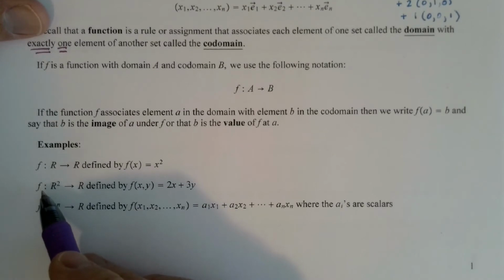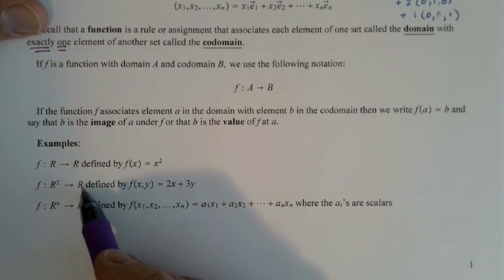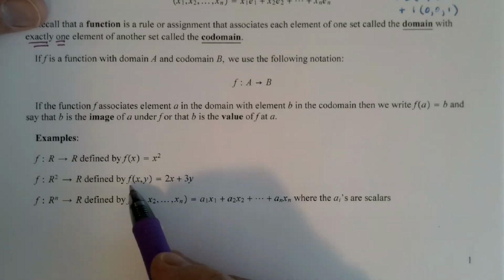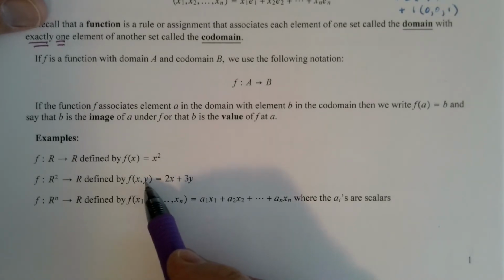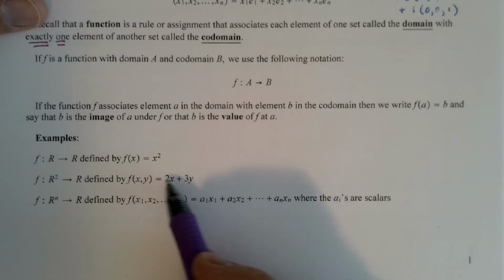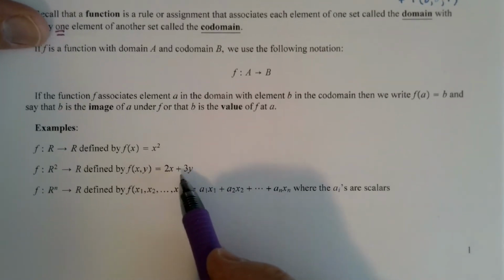Here's a function going from 2 space to 1 space, or the set of real numbers. Some of you in Calc 3, if you've had it, have dealt with multivariable functions. This is a function of x and y. You plug in an ordered pair, and the output is going to be one real number, right? You just take 2 times x plus 3 times y.